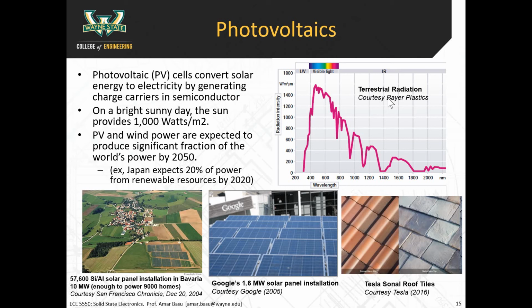You notice that there's some dips in here. The reason is that certain molecules in the atmosphere absorb some of the sunlight, so not all the solar radiation gets to the surface. It gets absorbed in the upper atmosphere.